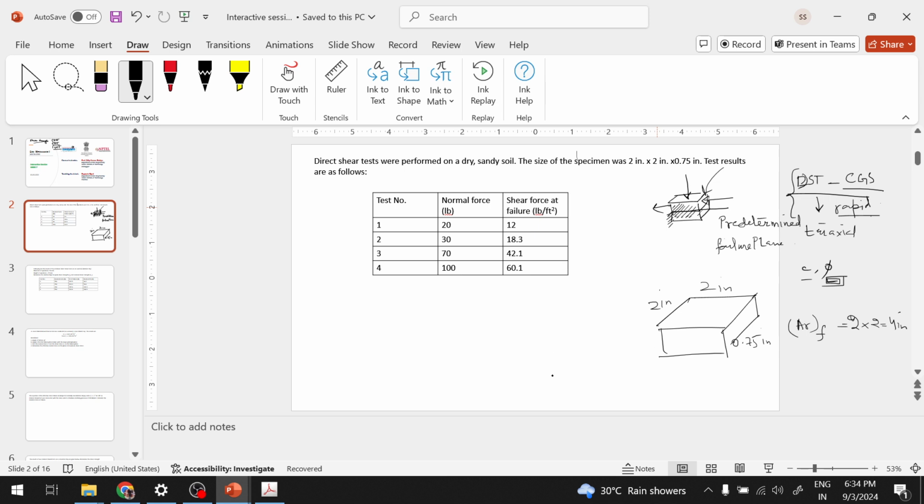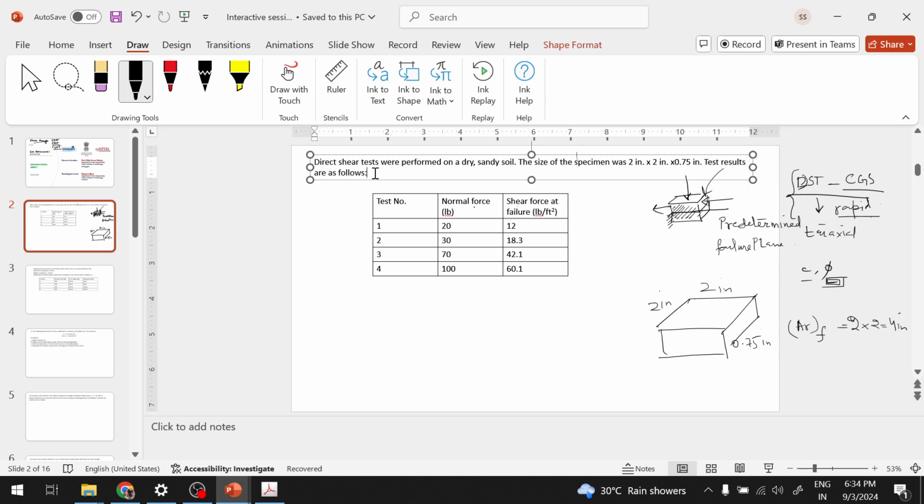Okay, so we have been given the normal force, we have been given shear force at failure, and what we need to do is find the shear stress parameters given below.